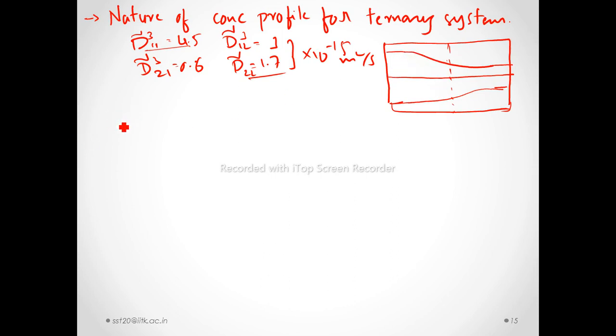So consider, if I change this 4.5 into some quantity, that is 64, and the remaining values as they are, then what will happen to the concentration profiles? This concentration profile will increase.